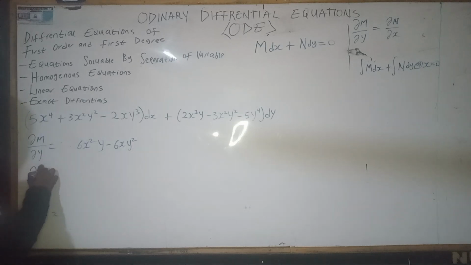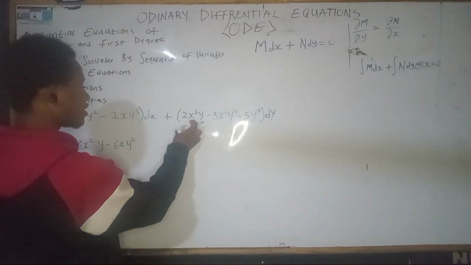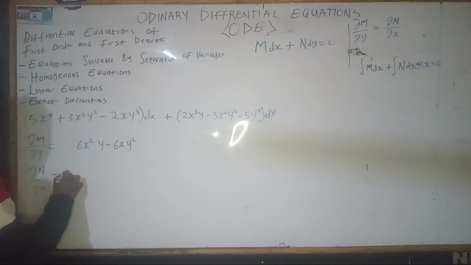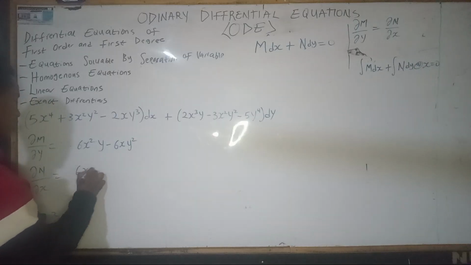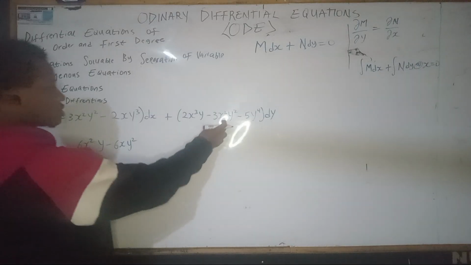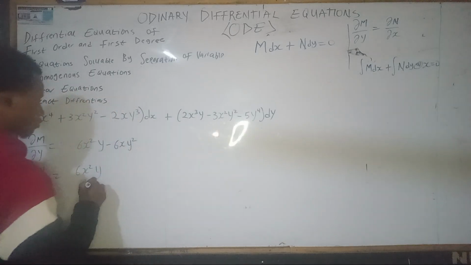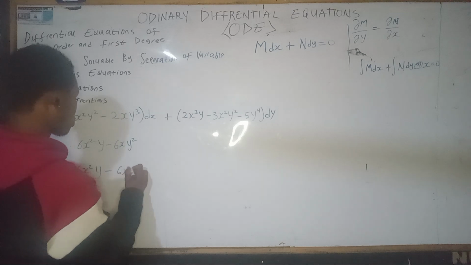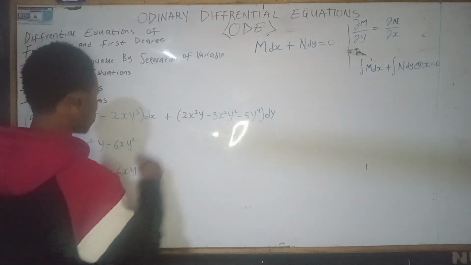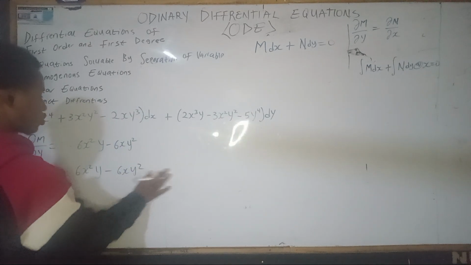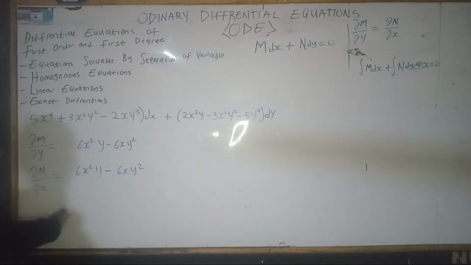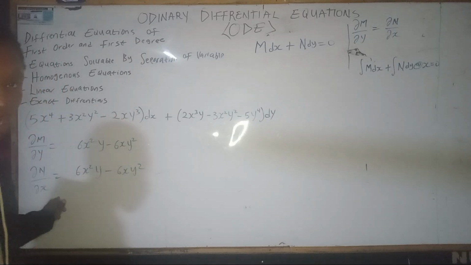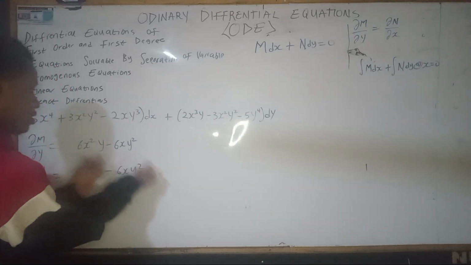And if we differentiate N with respect to x, we have 6x squared y here, minus 6xy squared here, and minus 0 here, so let us just ignore it. Now you notice that yes, this here is equal to this right here. So that means this is an exact differential.